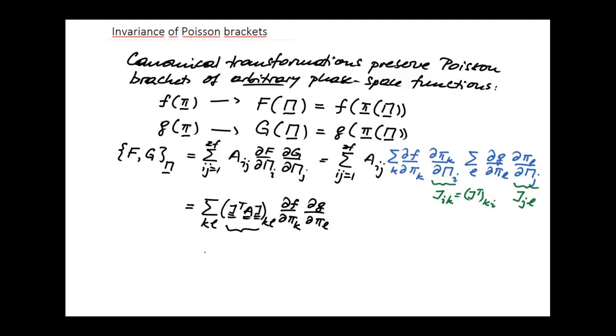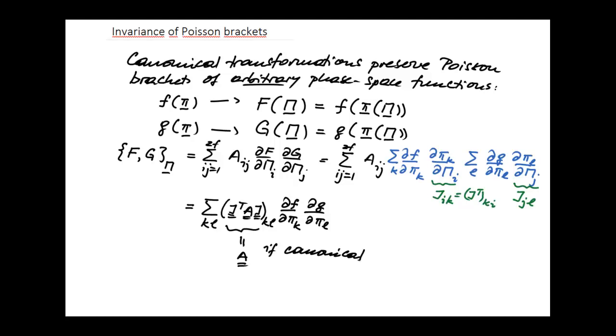If the transformation is canonical, then this matrix product J transpose A J is equal to A. If that is the case, then we have the sum over kl, and then A kl, and then the partials of the functions f and g with respect to the original coordinates, the little pi's.